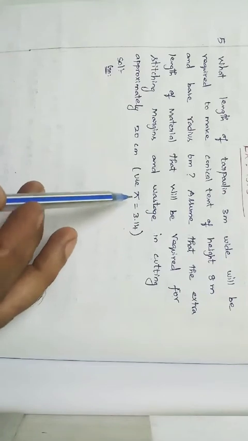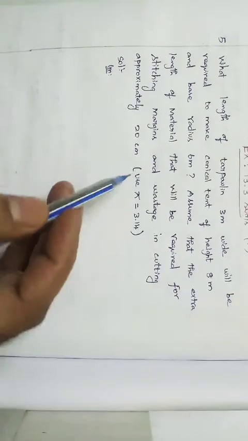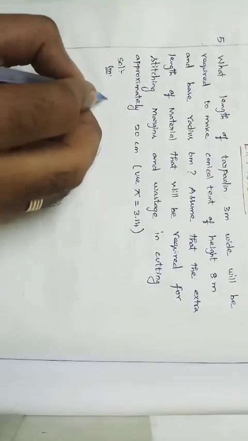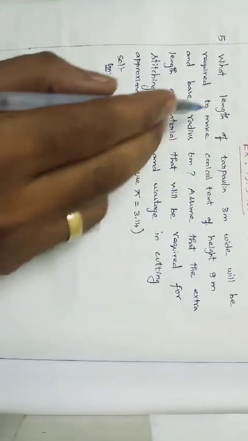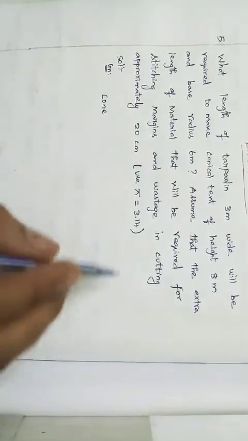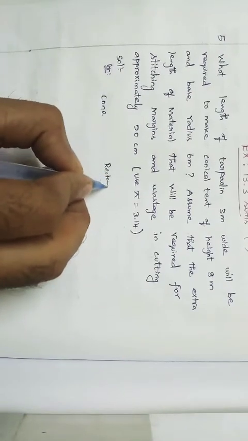Use pi is equal to 3.14, right? So in this question they are discussing two things. One is the cone, a conical tent. And another one is the length of tarpaulin, a rectangular shaped tarpaulin with length and breadth, right?